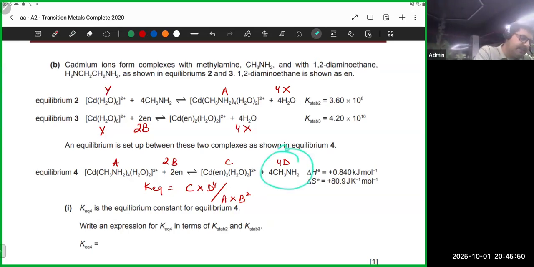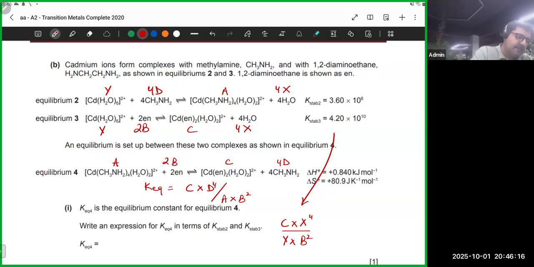I called it D, so I'm going to give it the same name, 4D. CdEN2H2O2 is C. Achha, so K stab 3 is C times X to the power 4 divided by Y times B to the power 2.